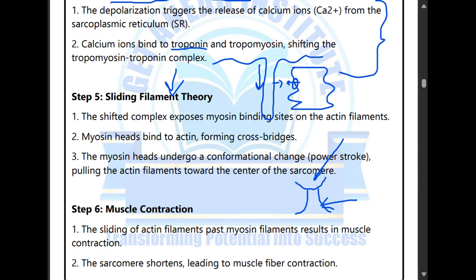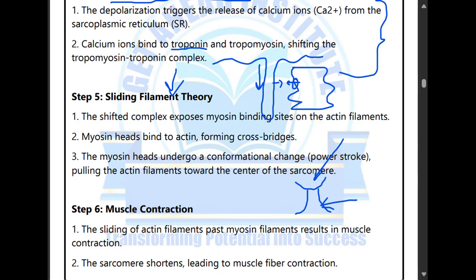So where were we? Okay, so we were saying that tropomyosin will give way for myosin. Then the myosin will pull the thin filaments towards the middle part, trying to make the two oppositely located thin filaments slide over one another. The sliding what?